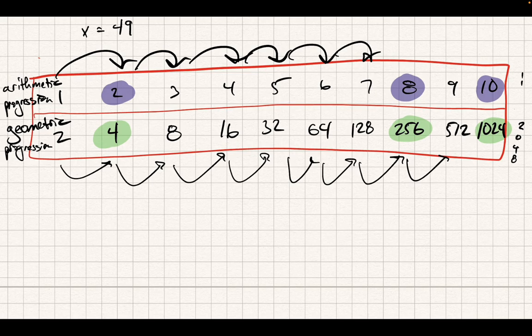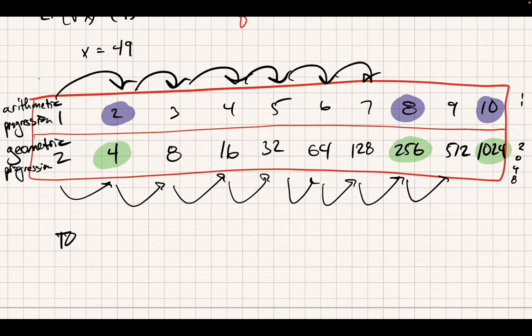Why? What's the difference? So how do you get from one number to the next on the arithmetic progression? You add 1. So is this an arithmetic progression?